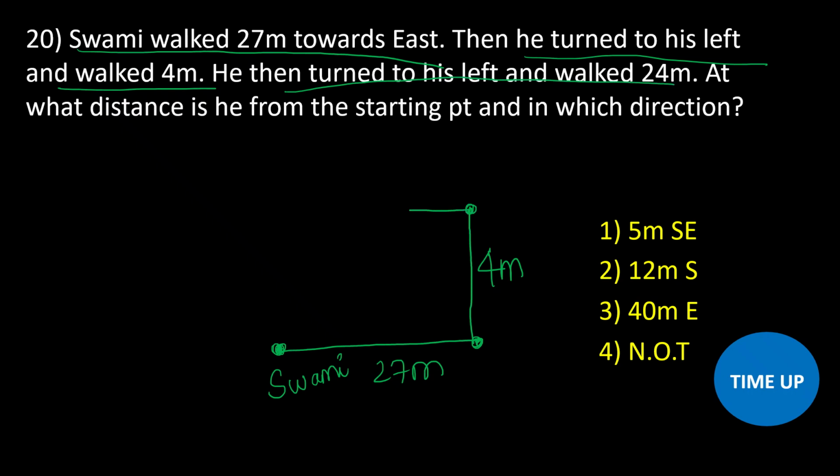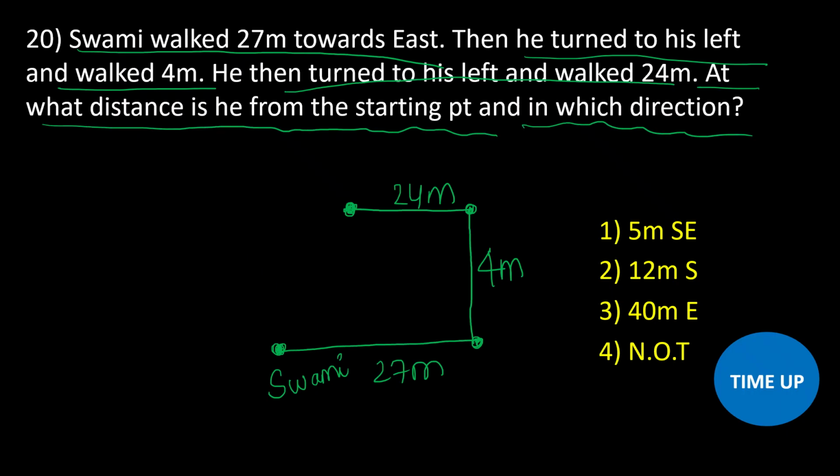So 24 meter will be less than 27. Correct? So if this is 24 meter, then at what distance is he from the starting point and in which direction? This is the starting point, and direction is also asked, distance is also asked, from the starting point. So if I join this, I'll get a right angle triangle.